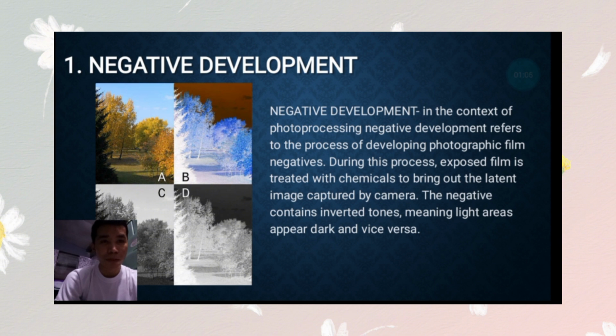Kung mabutakan na siya mga chemicals, ma-develop na siya, gawas na ang iyang latent image captured by the camera. Kung sa itong picturean, si color ato, mao ang magawas once ma-develop na ang picture. Mao na siya ang negative development. From its word development, proseso na siya.